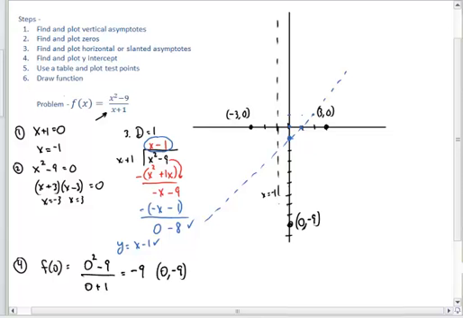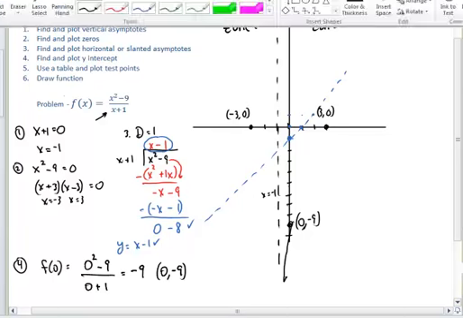I'll extend my asymptote so that I make sure to keep that in mind. And now I'm going to construct a table because I have two zones I really am interested in determining where my curve is going. And I actually think I have enough data here on the right side in zone 2 to plot. Oh, I'm going to miss that point. That's why we want to use a pencil when we do this type of plotting, because we want to get the curve just right.